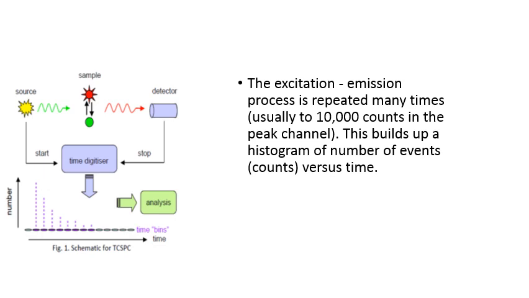However, for the histogram to be representative of the decay, that is, the number of counts at a certain time after excitation to be equivalent to intensity at that time, certain conditions need to be observed. This is that only one photon can be counted at any one time.